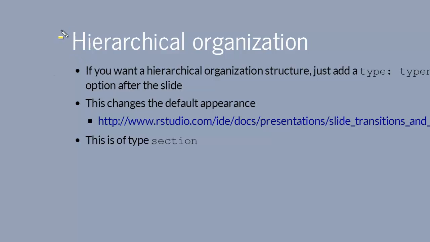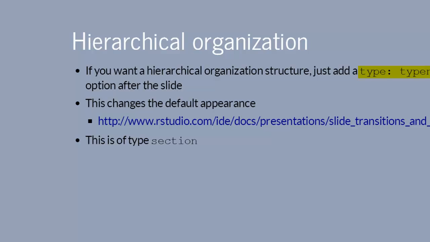RStudio Present has a nice built-in hierarchical organization tool. So there's several types, like section, subsection, that sort of thing. Right after a slide, if you do the kind of YAML type code that says type equals type name, I'm sorry, it's getting truncated a little bit here.